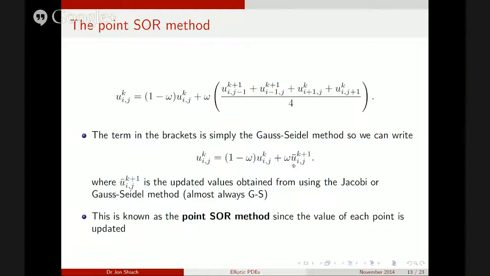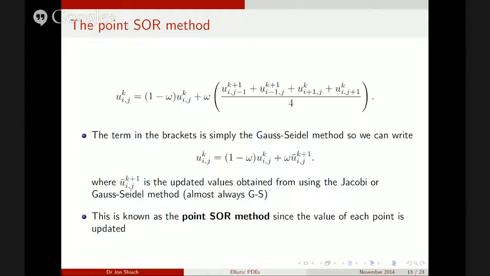Notice there's a bar over the top. That bar means the updated values obtained using the Jacobi or Gauss-Seidel method. Why would you use Jacobi? You wouldn't, because it's rubbish, so you usually use Gauss-Seidel. But it could be used if you wanted to. This method is known as the point SOR method, or successive over-relaxation.